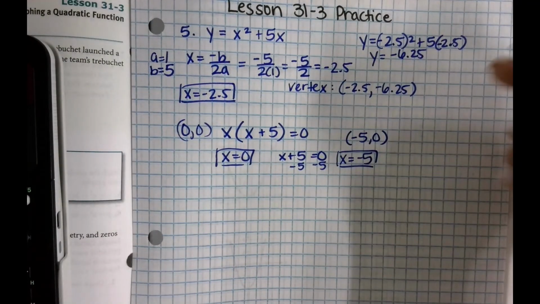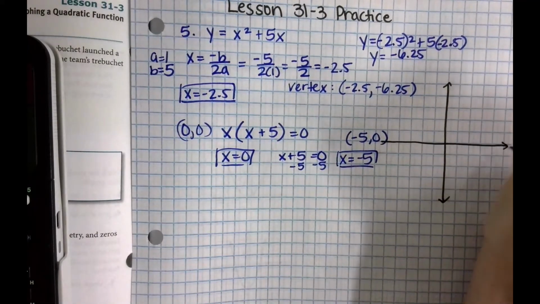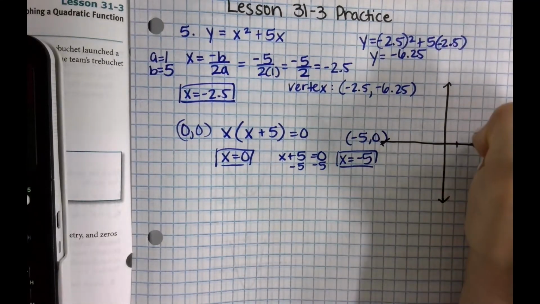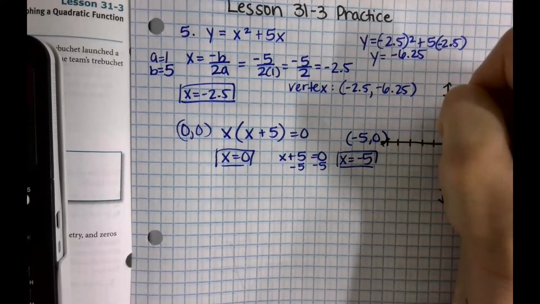I'm just going to graph it on the right over here to give myself more space for the other graphs. Count by 2's on the y-axis: negative 2, negative 4, negative 6.